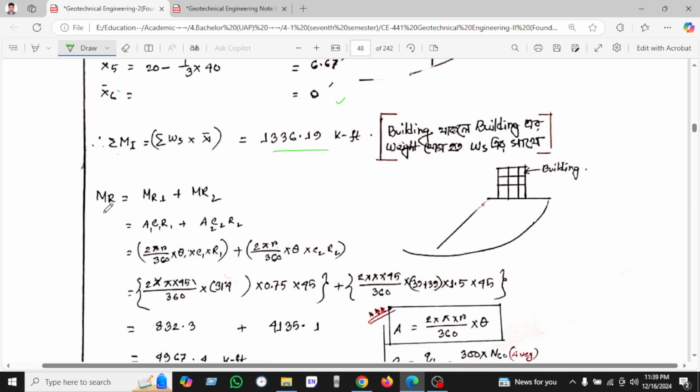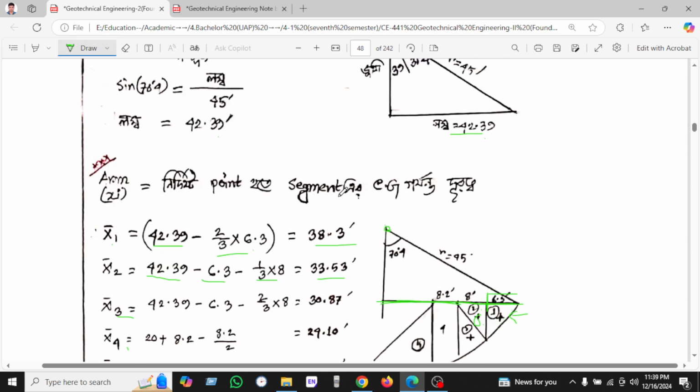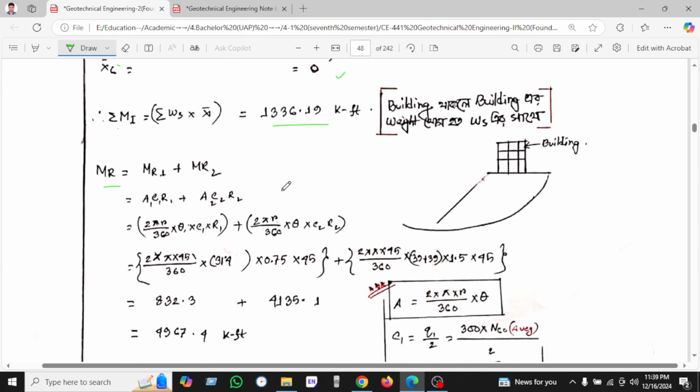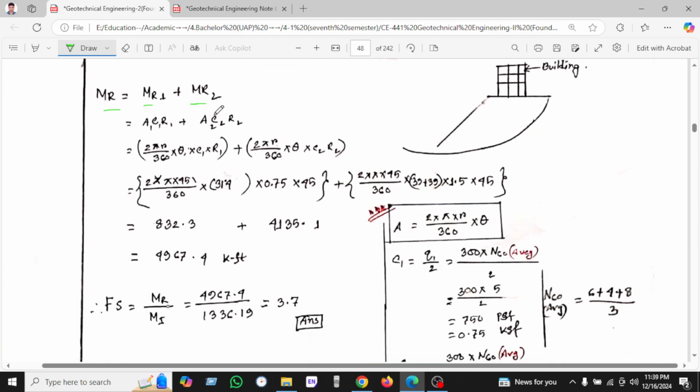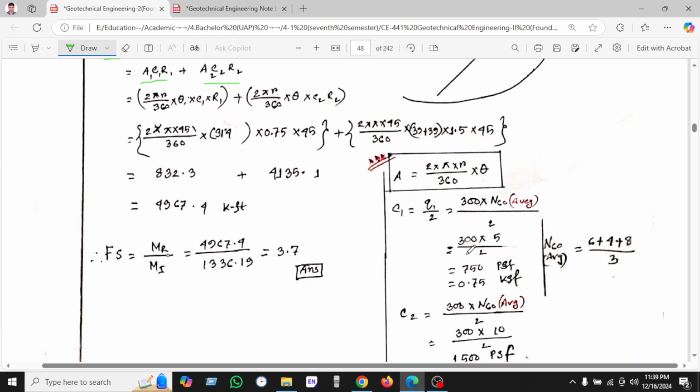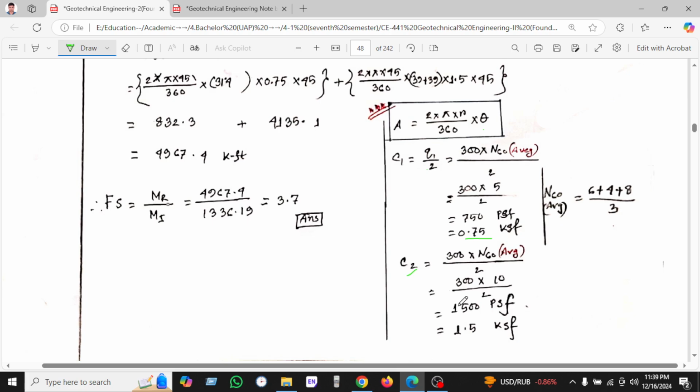Now the resisting moment. There are two types of layer we can see here, layer 1 and layer 2. That's why we are dividing into M1 and M2, SCR1 and SCR2, and we are calculating C1 and C2 equal to 2 pi r over 360 divided by theta, and C1 equal to q divided by 2, or 360 divided by 2. We have found C1 equal to 0.75, and in this way we can calculate C2.